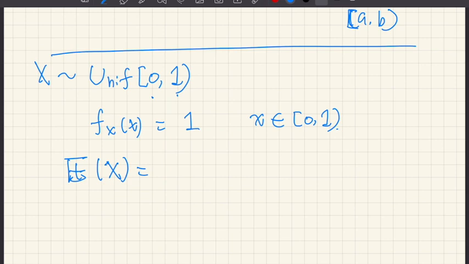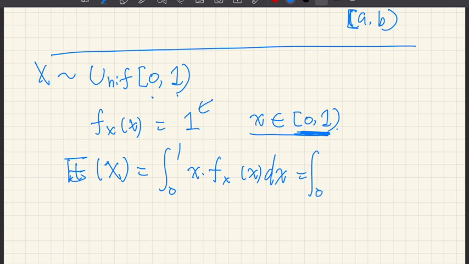And since x is defined only in this interval, we integrate from 0 to 1, x times the density function, but the density function is just 1, so it's just the integration of x, which is 1/2 x squared from 0 to 1, which is 1/2.